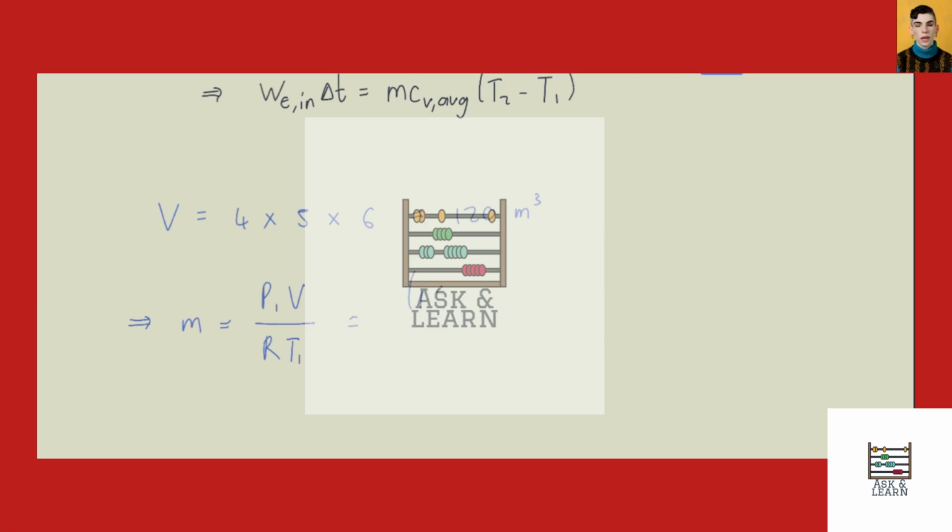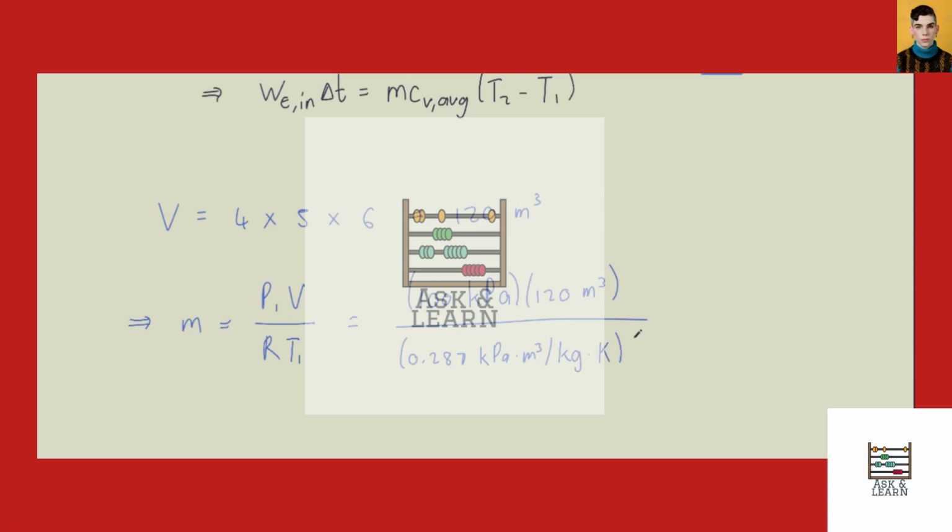So the initial pressure is air pressure, 100 kilopascals. The volume of the room is 120 cubic meters, divided by the gas constant for air, 0.287 kilopascal meter cubed per kg Kelvin.